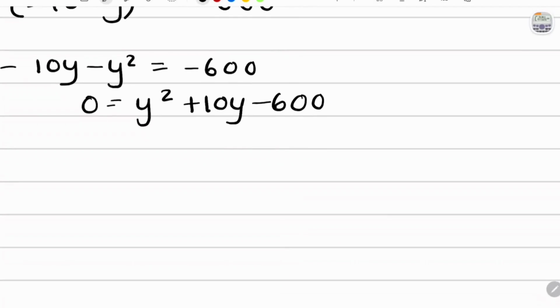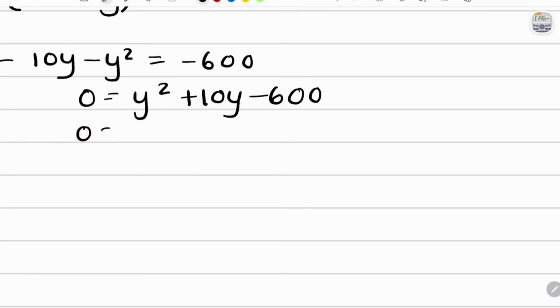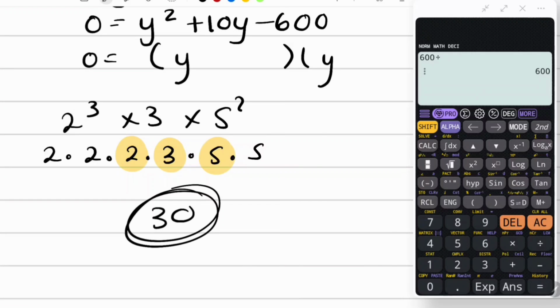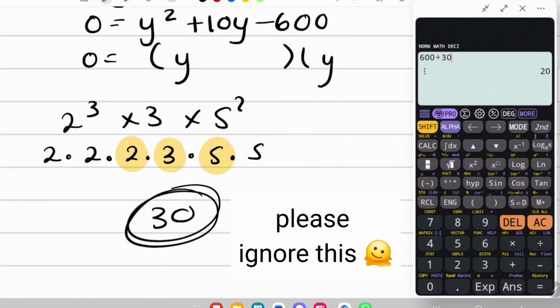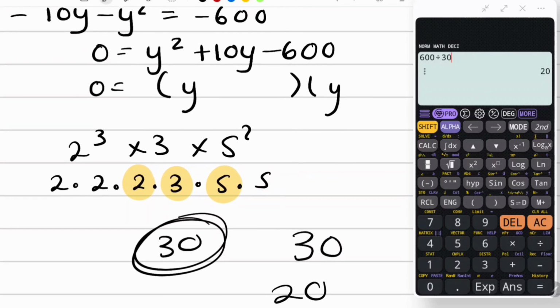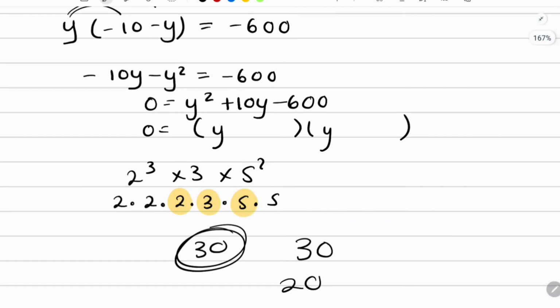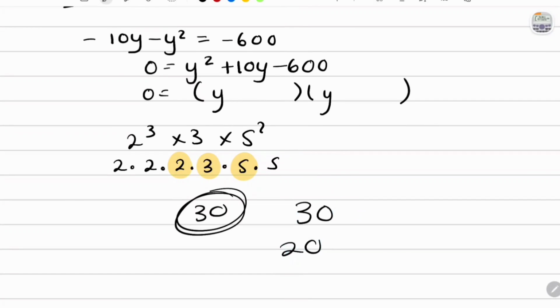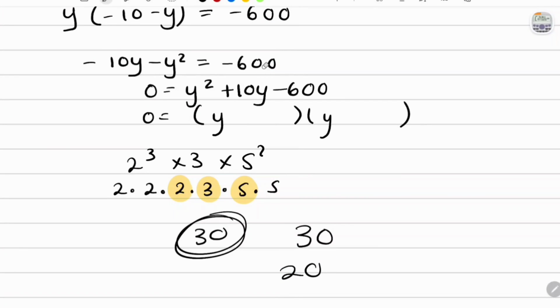Okay, so just factorize this, factors of 600. 0 is equal to, we have y and y. Let's think about factors of 600. So I said 600 divided by 30, and I get 20, and I know that 30 and 20 can actually give me 10. So these would be the factors we would use. So let's think about how they can give us 10. Remember, this is a negative 600.